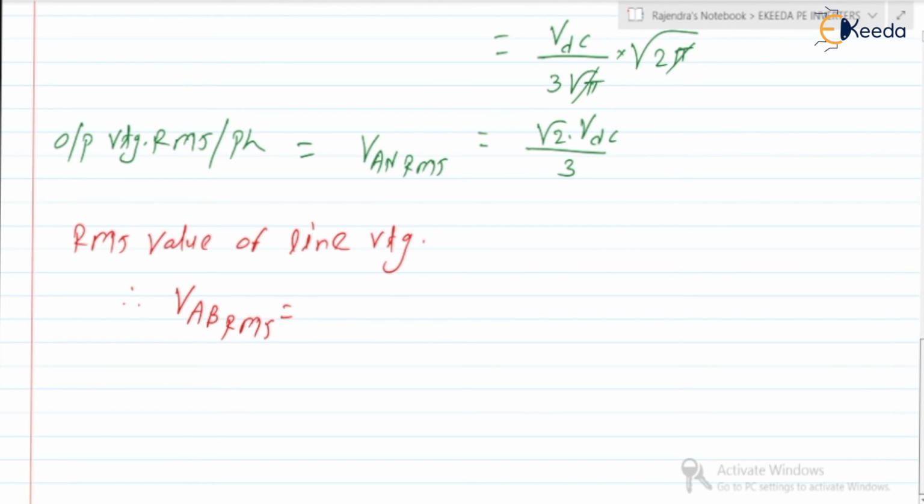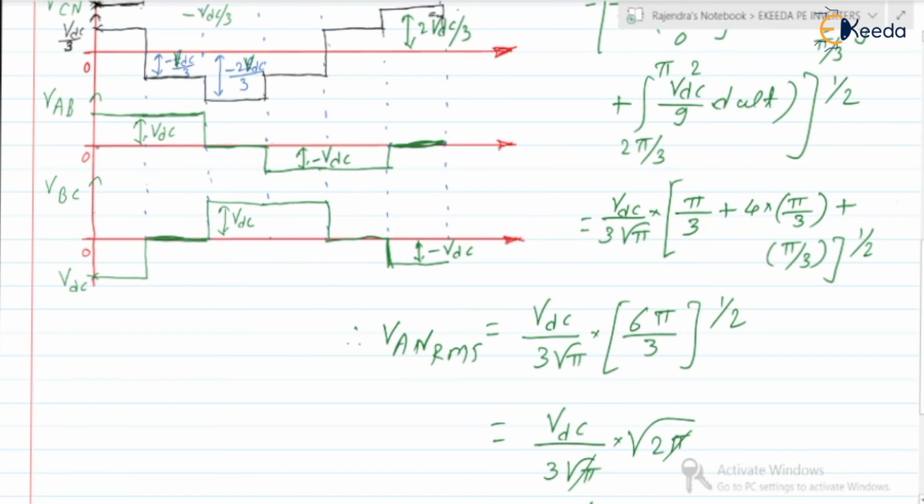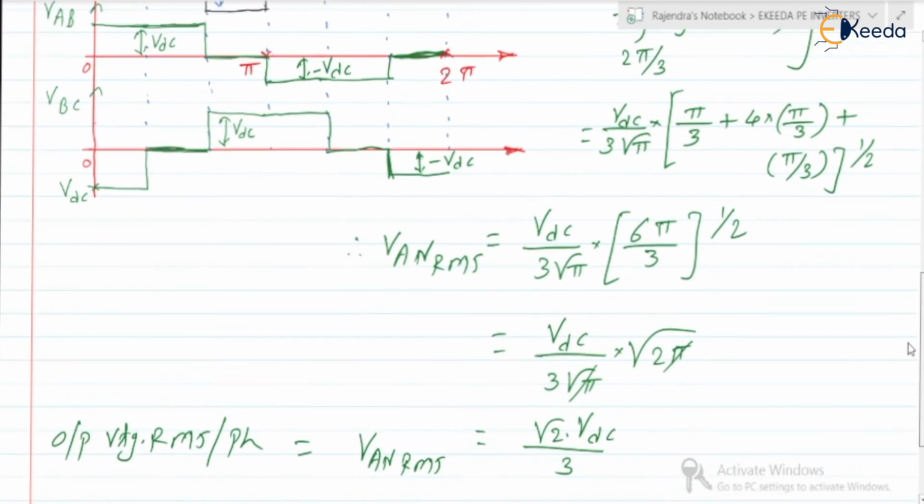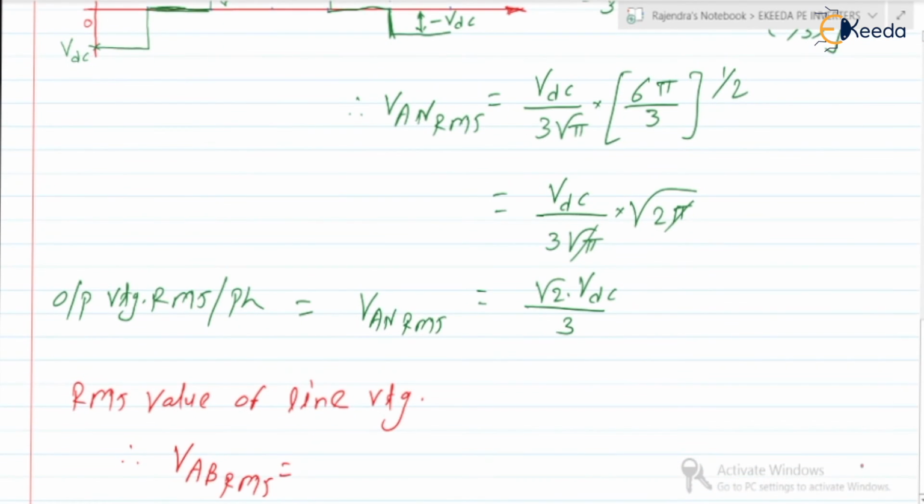If we check the VAB waveform, whatever pulse we have from 0 to pi is repeated from pi to 2 pi, the only change being that it is negative. While finding the RMS, the square is positive only, so it is better to find it over the pi interval. So VAB RMS is equal to 1 by pi integration from 0 to pi of VAB square d omega t, to the power 1 by 2.